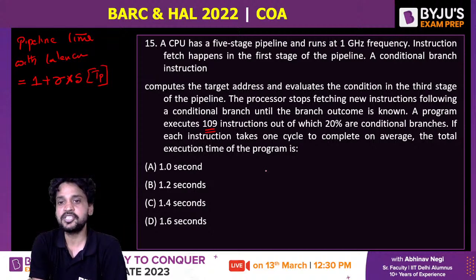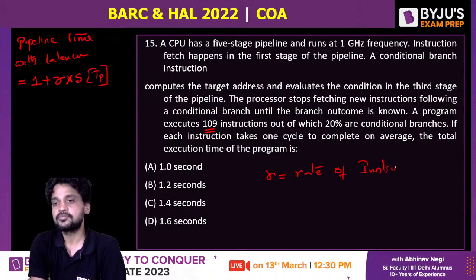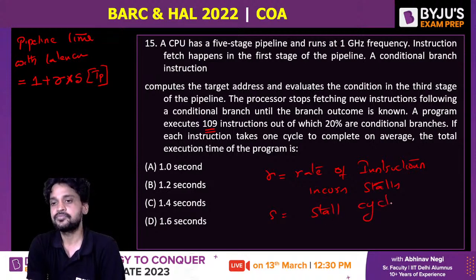What is R? R is the rate of instructions that incur stalls.